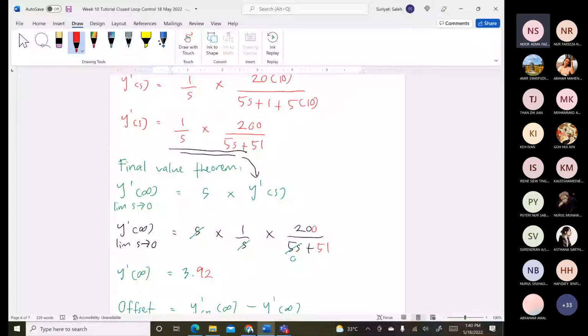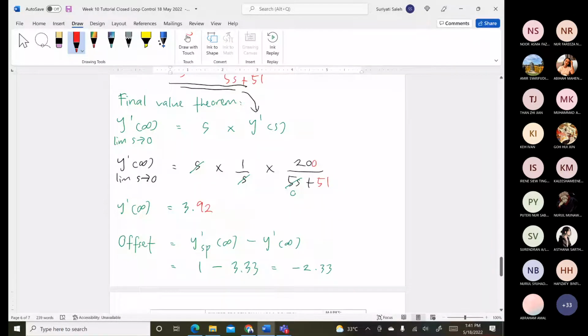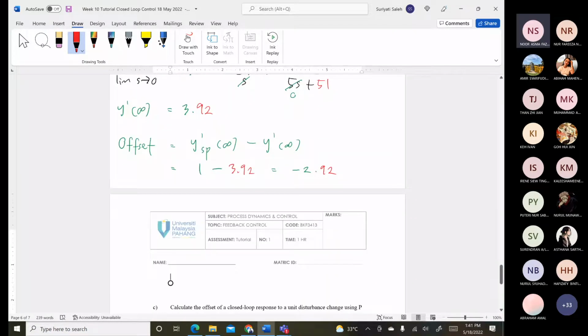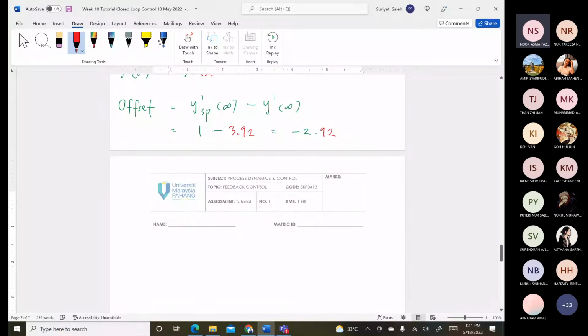So based on this, the offset now: 1 minus 3.92, you get negative 2.92. So this is the new offset when you calculate using Kc equal to 10.